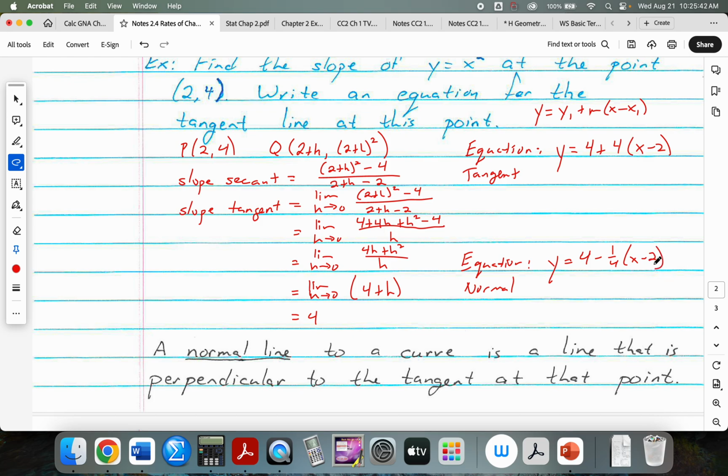Goes to the same point, it's just perpendicular to that. Normal lines also have a lot of things that you can use them for.